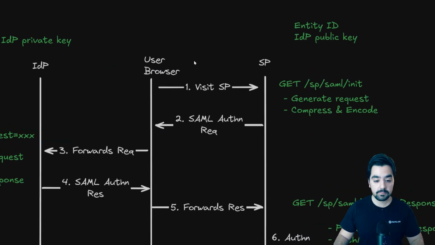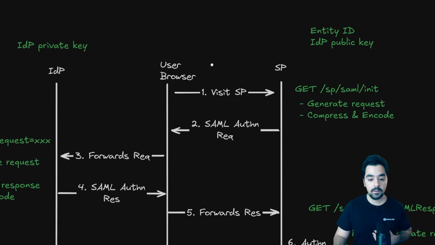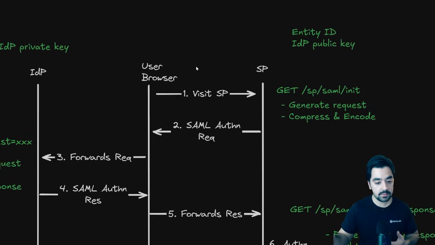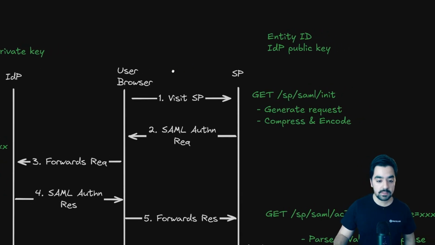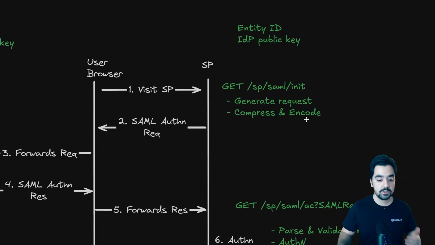So it all starts by a user navigating to the service provider, and let's say this user wants to authenticate. They send a GET request to the service provider SAML init, which initializes the SAML authentication flow.